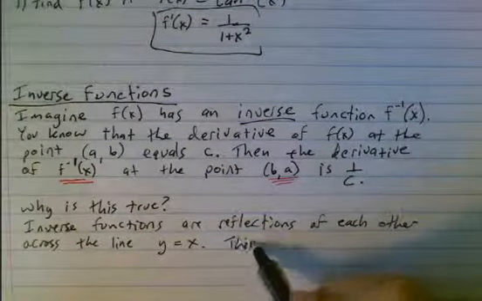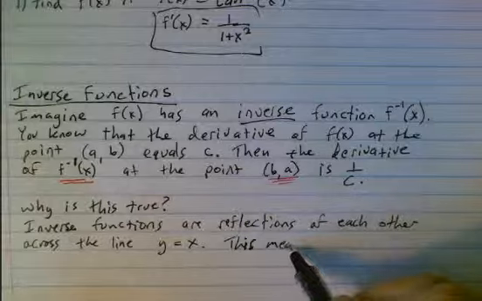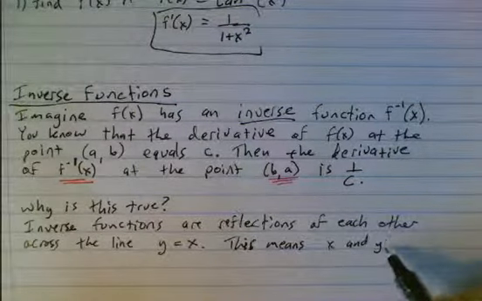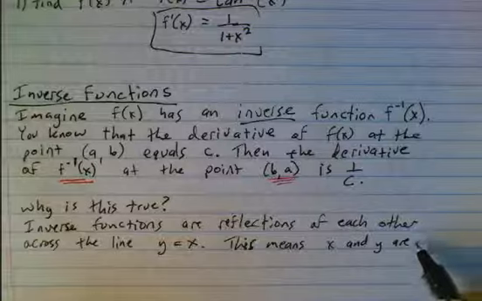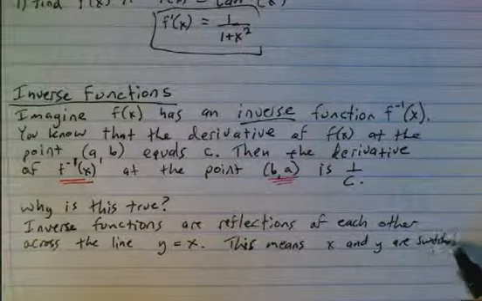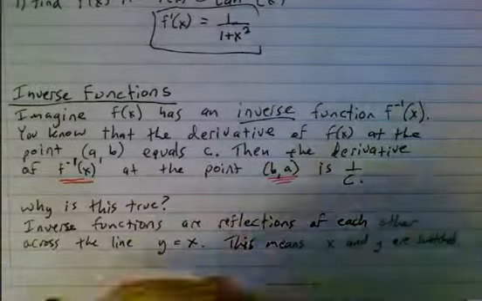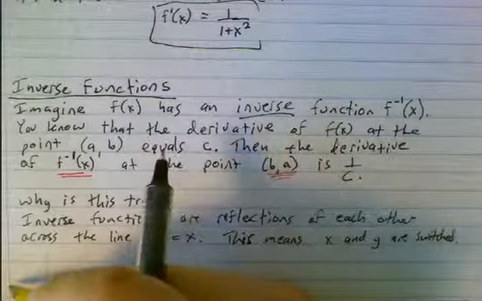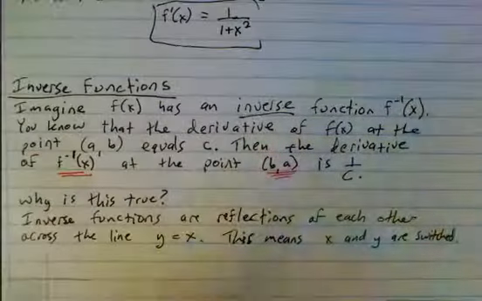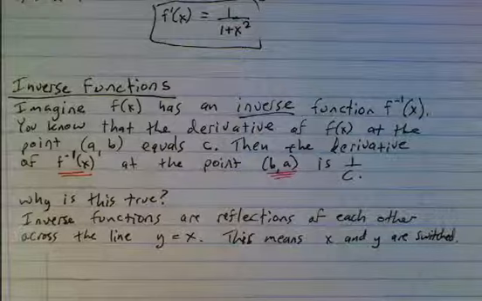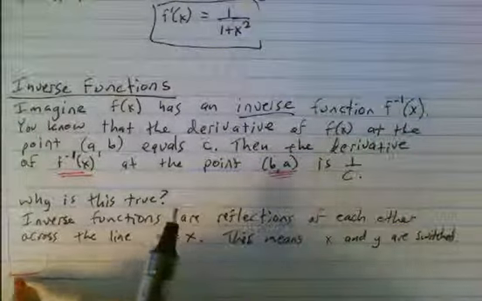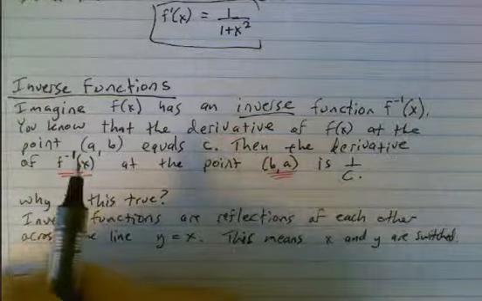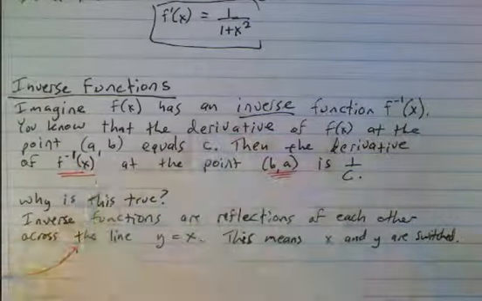This means x and y are switched. So, for example, if we have our axes right here, let's say we've got one function. This is y equals 2^x.